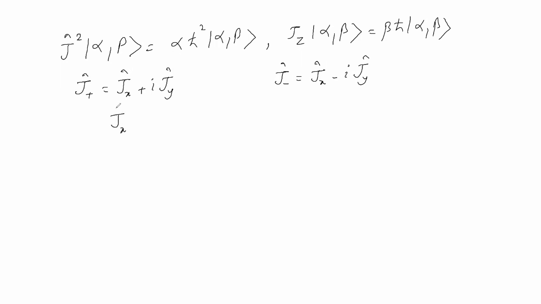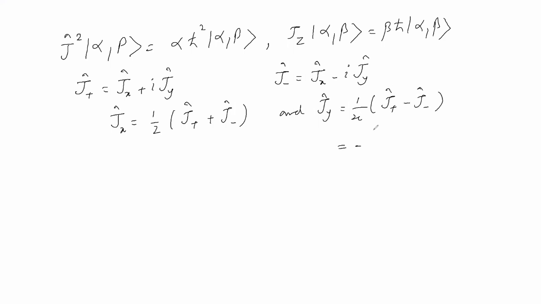Equivalently, in this new terminology, Jx is half of J plus plus J minus, and Jy is 1 by 2i times J plus minus J minus, which is equal to minus i by 2 times J plus minus J minus.